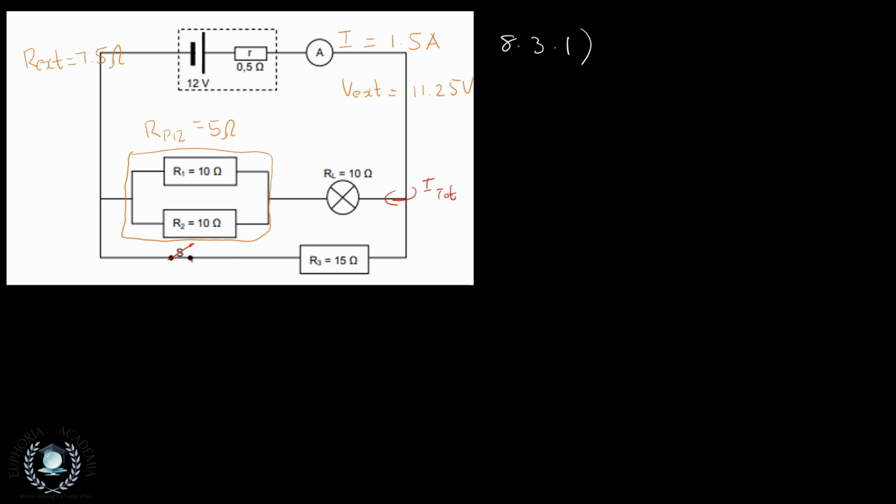It's going to be taking all of the current. There's not going to be a split in current. So what will happen? The brightness of the light bulb will increase. I will be explaining that in the next question.